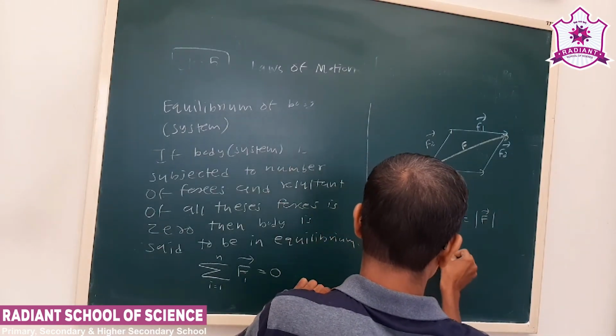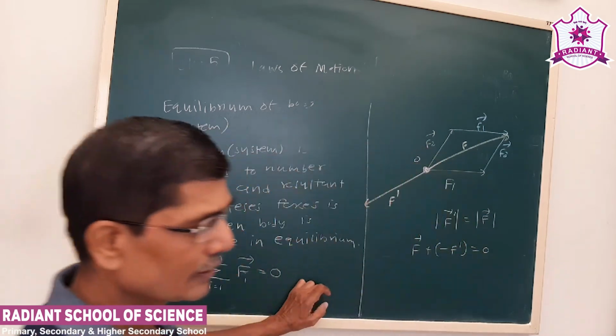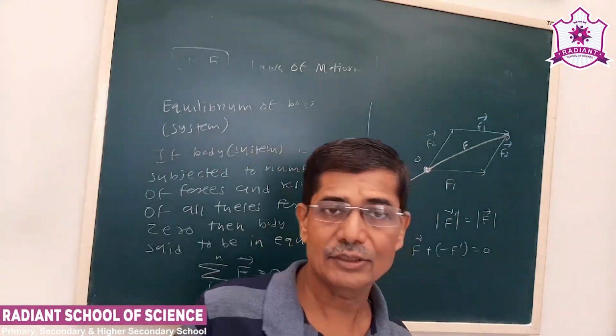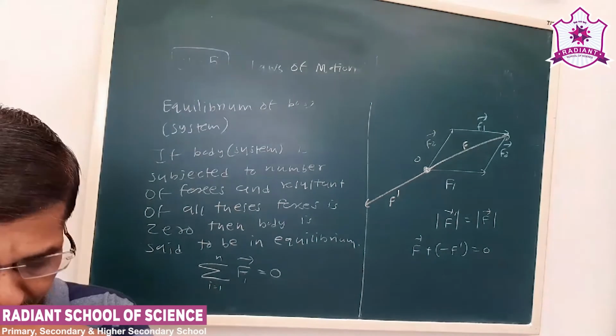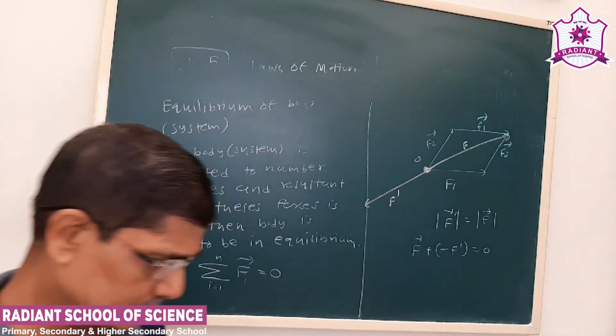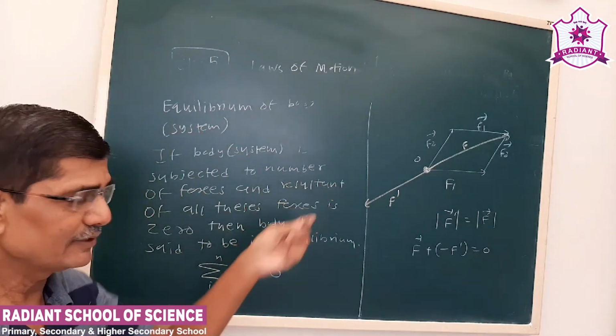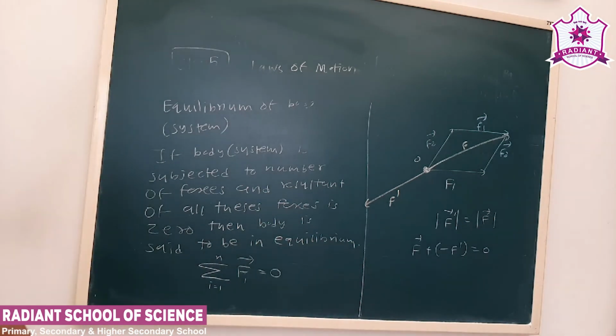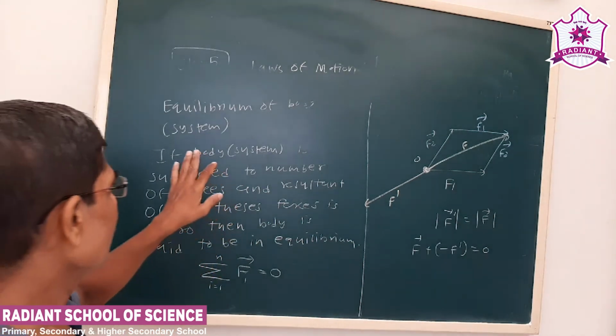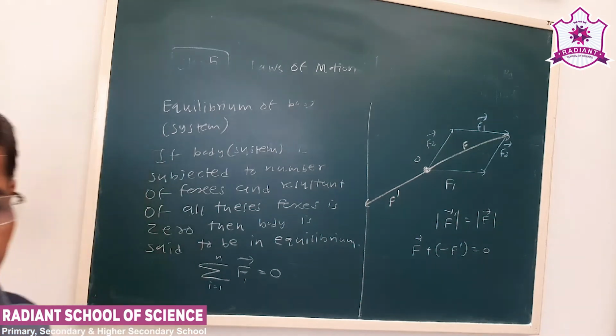So F minus F dash is 0, which fulfils our condition of equilibrium. Here we have seen how to bring the system into equilibrium.